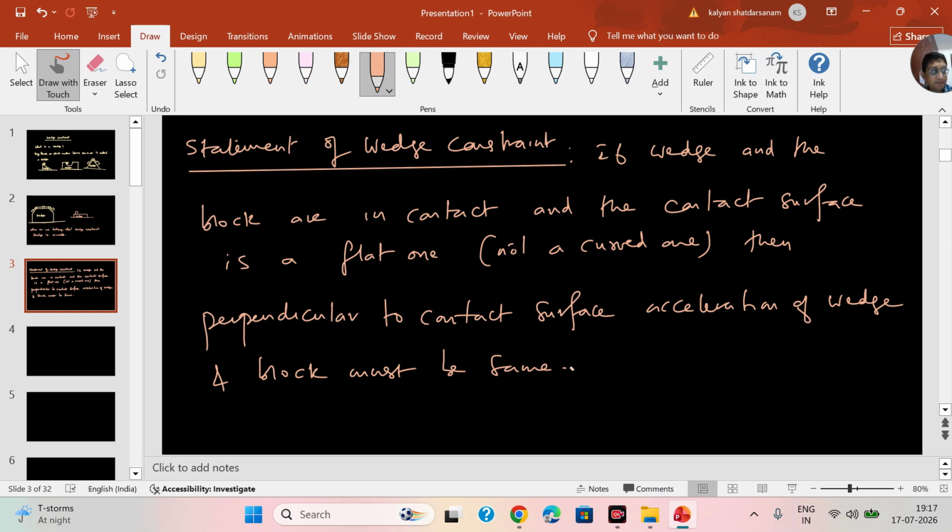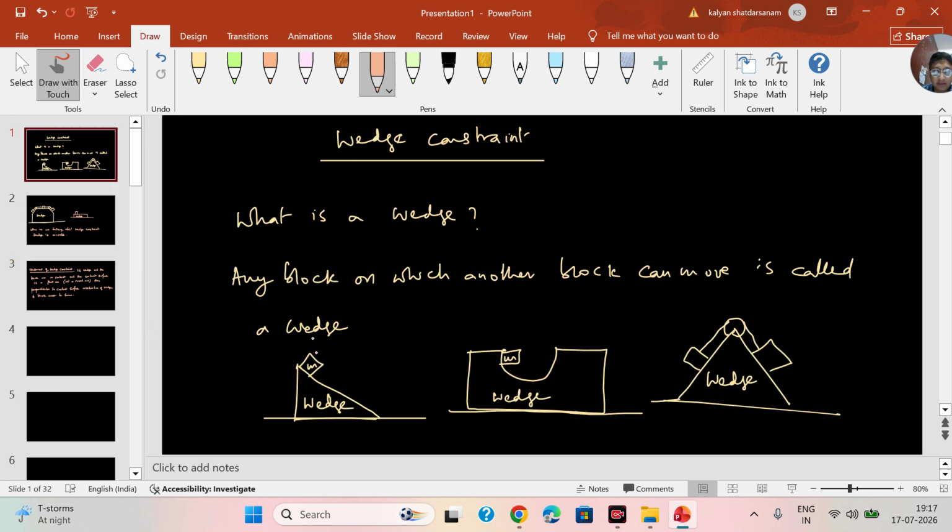So let me help you understand this. If you go to this case, here the contact surface between wedge and block is flat. You see, it is not curved. Okay, I previously did not draw it properly also. Let me try to draw it properly. Straight one, yeah. So the contact surface between the wedge and the block is a flat one. In this case, I can apply wedge constraint. What happens if it is curved?